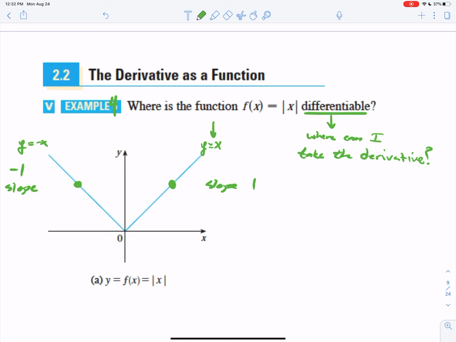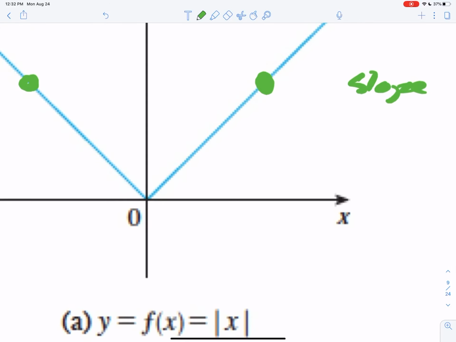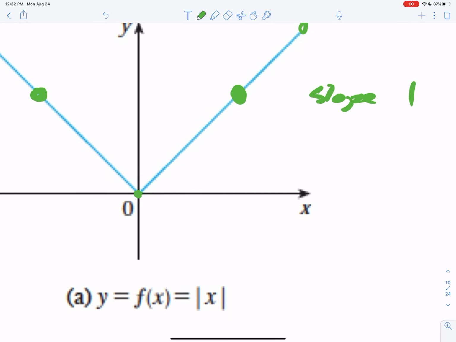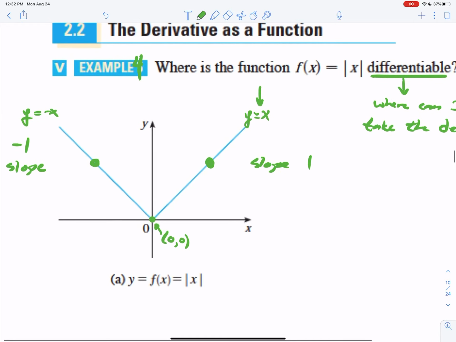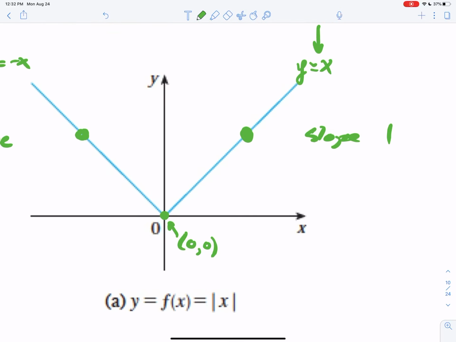But the thing is, what happens if I ask you to find the slope right here at (0, 0)? Okay, so is the slope 1? Is the slope negative 1? Right? So the thing with tangent lines is tangent lines have to be unique.